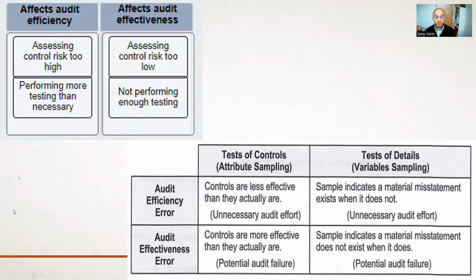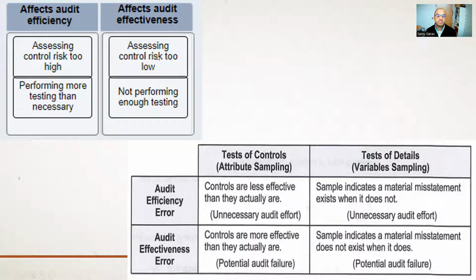The auditor has to assess the control risk before he starts. If the auditor assesses the control risk as very high, he will select a big sample because he doesn't trust the control of the company, and this will affect his efficiency.